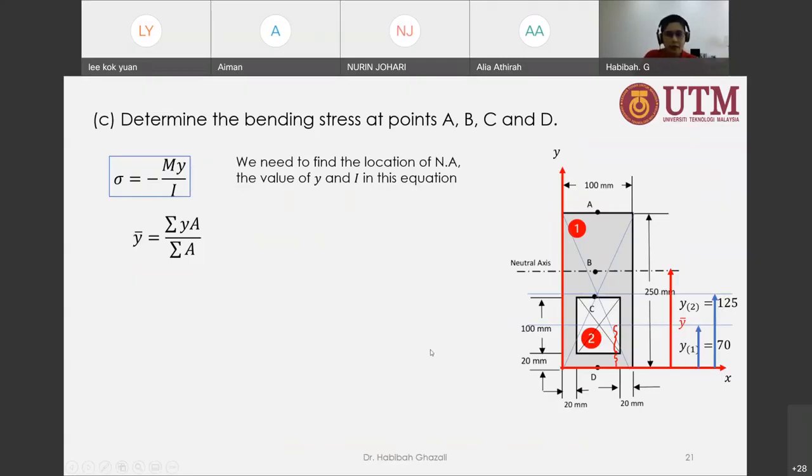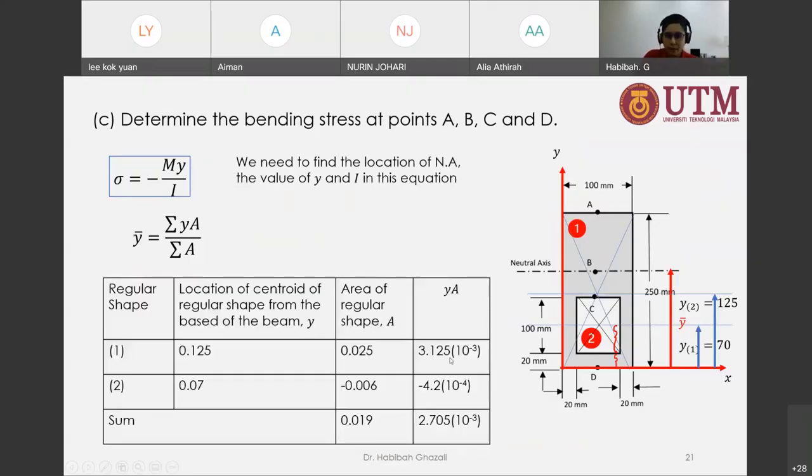Now I will use my table. I will list them out so that I can clearly see if I have done something wrong. Now I can see the location of the centroid for each segment in one column. For segment 1, I've changed this to meter already.